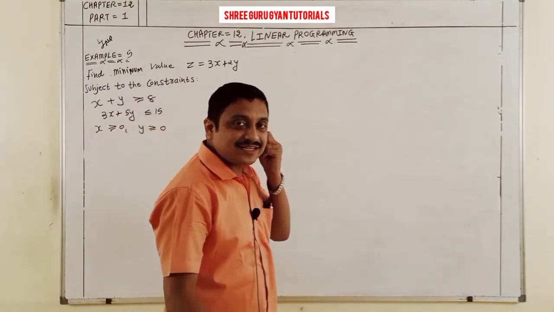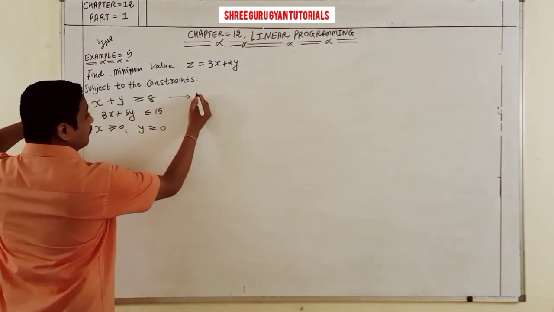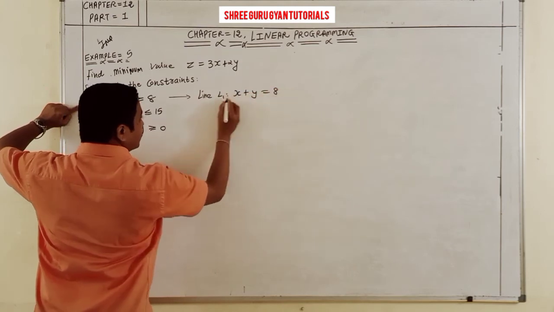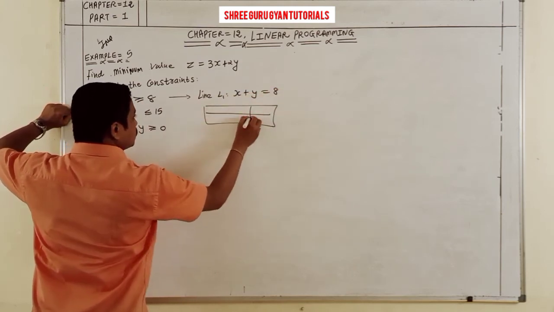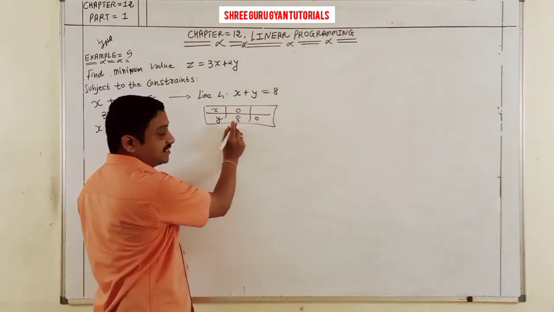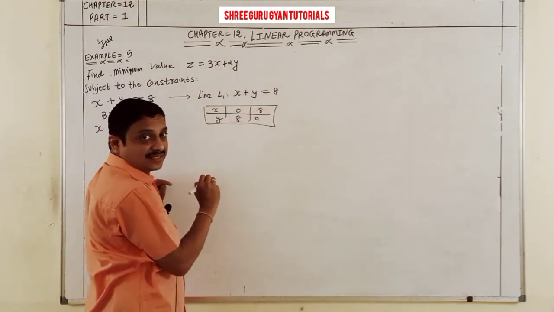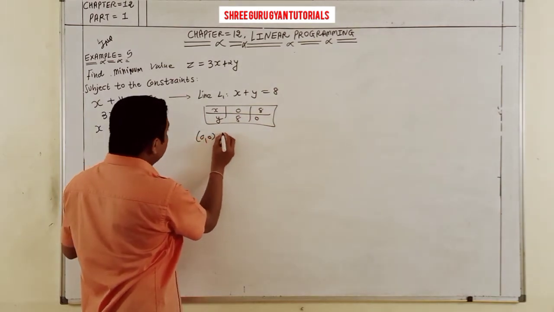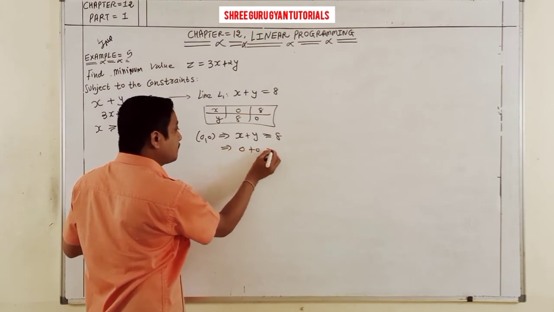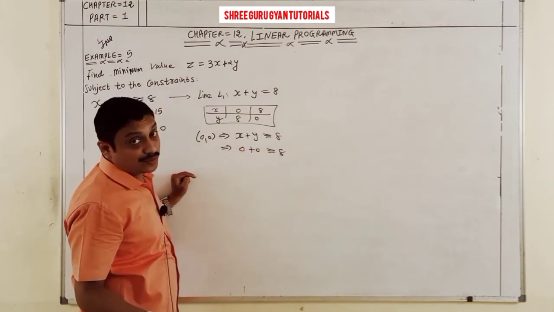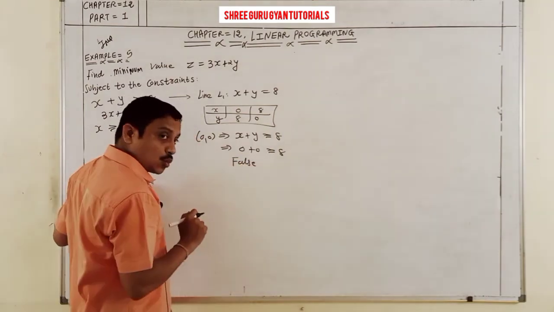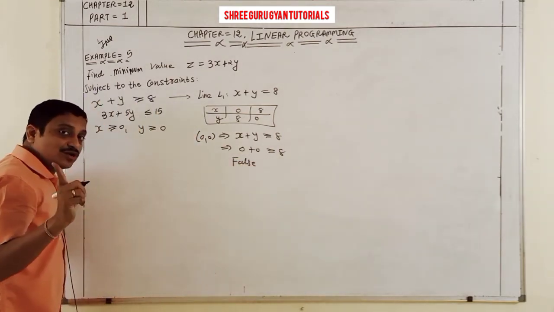Very easy. First I will plot line L1, x plus y equals 8, and go to the table. x is 0, then y is 8, but y is 0 then x is 8. Now verify with (0, 0): 0 greater than or equal to 8 is not true, it is false. So your graph is not towards the origin.